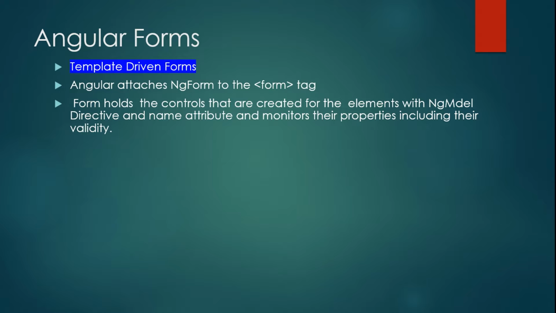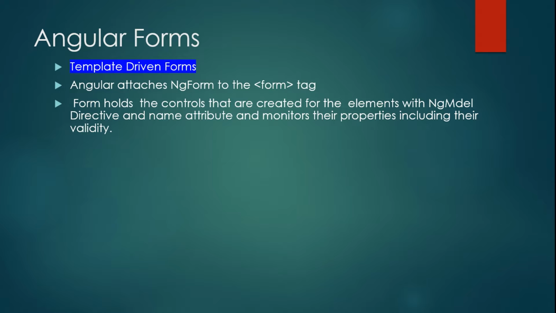Each form input binds to the model through the ngModel directive. To create a form control instance for the form input element, we need to assign a value to the name attribute of that ngModel directive. So name is an input property of the ngModel directive.